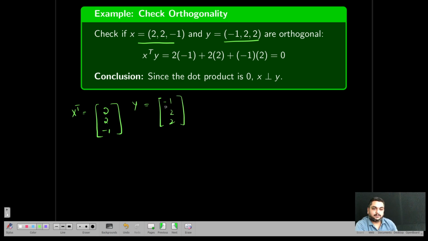I'm writing it in column form so that it is easy to multiply. So x transpose into y is 2 into minus 1 plus 2 into 2 plus minus 1 into 2. This will be equal to 0. Hence x and y are orthogonal.